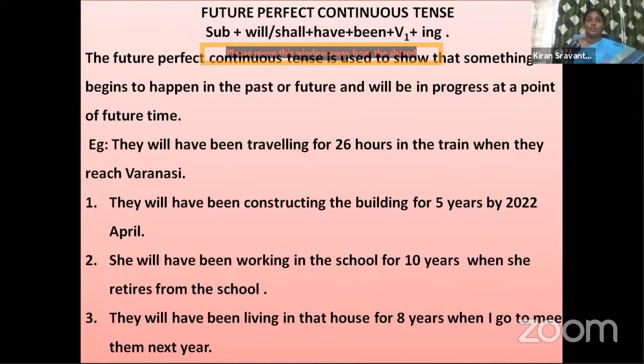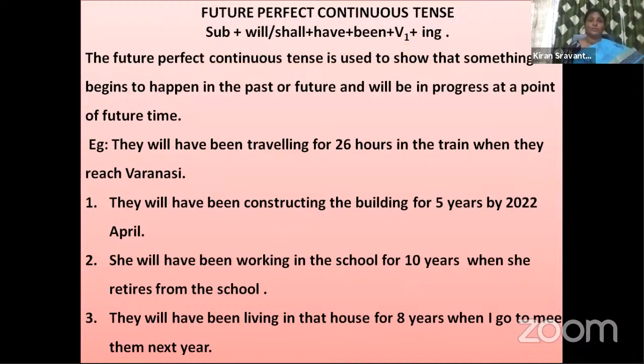That might have begun last month or yesterday, we don't know, or it may also begin in future. But we mean to say that it will be in progress at a point of future time. It will be going on and on. When we use the sentence with reference to some future time, it will be going on. It will not come to an end.